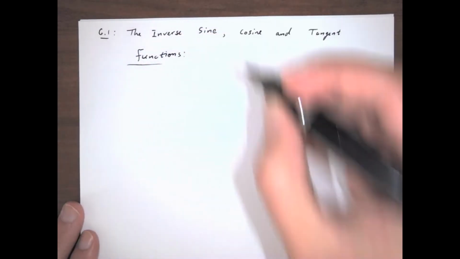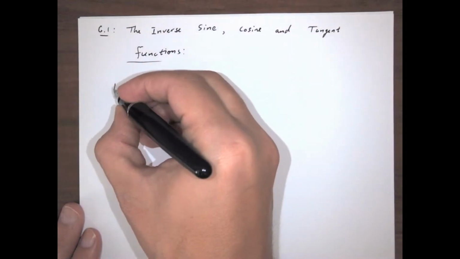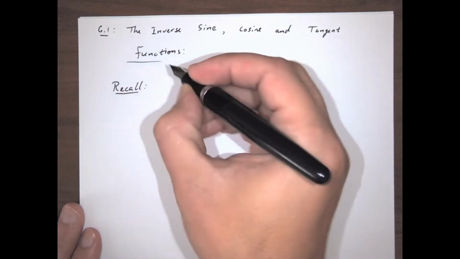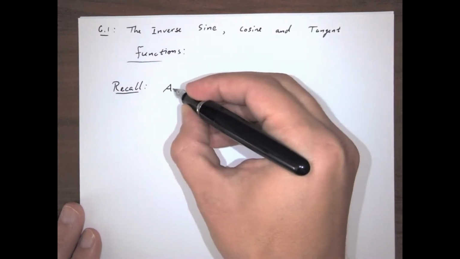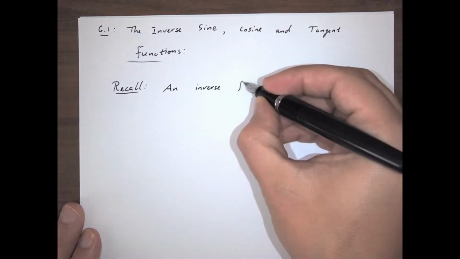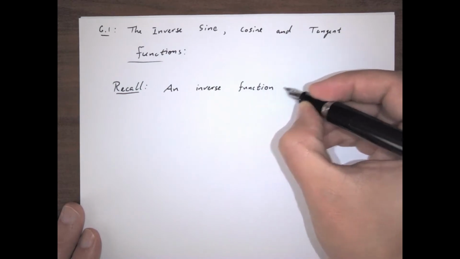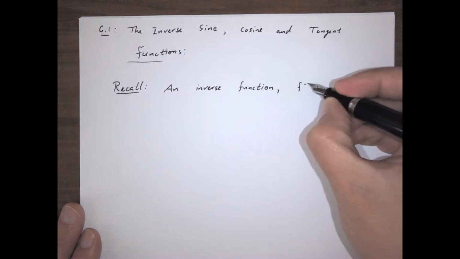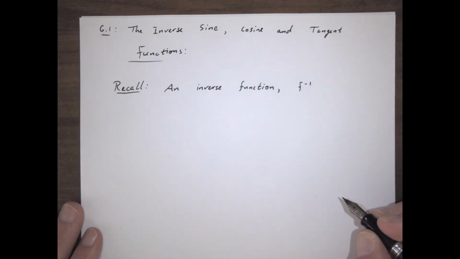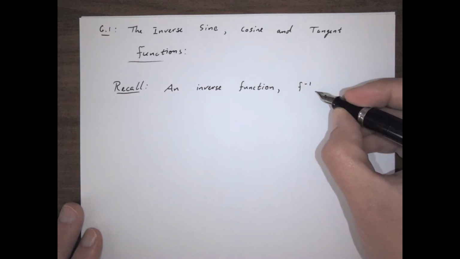Alright, so first off, let's try to remember what inverse functions even mean. So recall, an inverse function, and we can write f inverse like that. We typically write inverse functions with a little -1 up in the superscript. It looks like an exponent, but it's not.